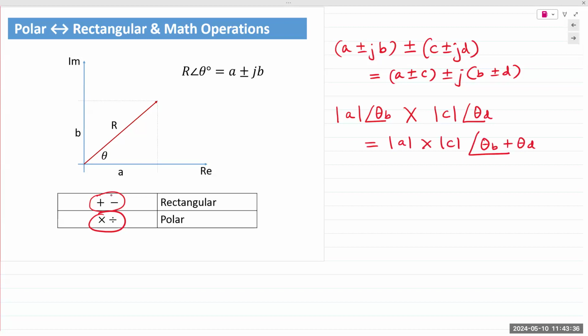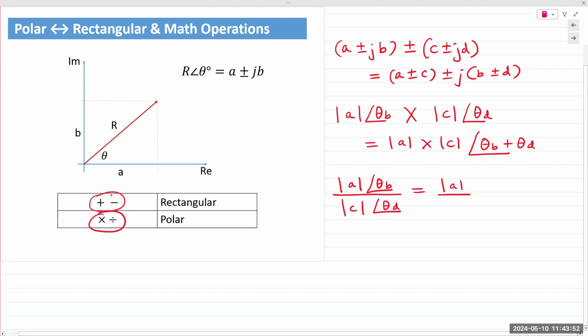If you're performing division, and this is going to be very important, magnitudes are divided. What happens to phase angles? Subtracted. That's the mathematical operation.